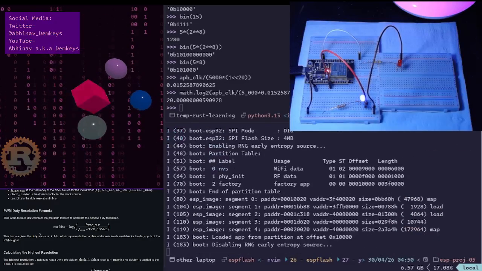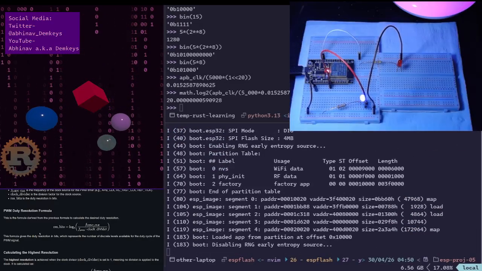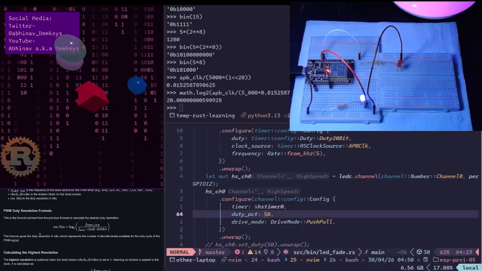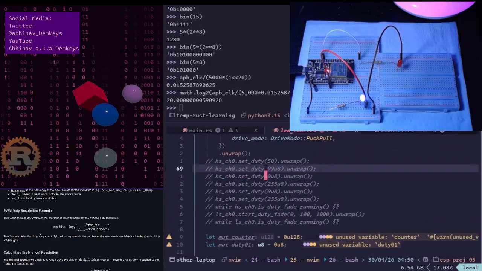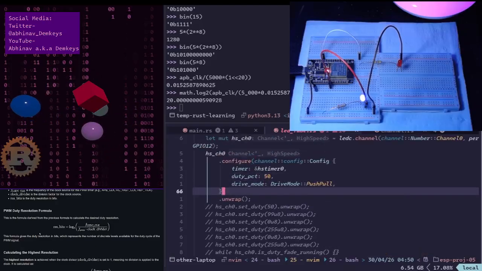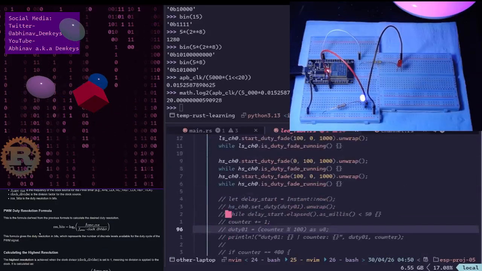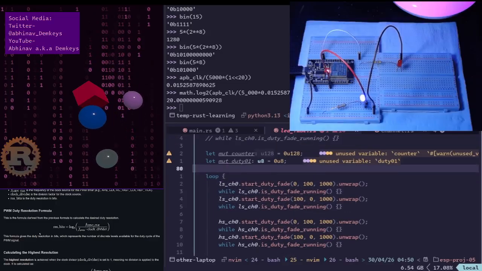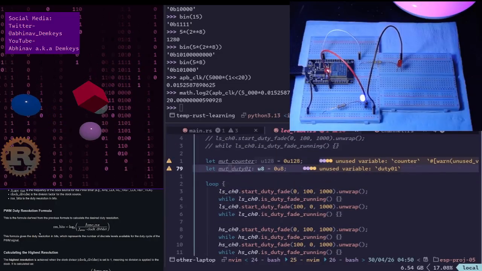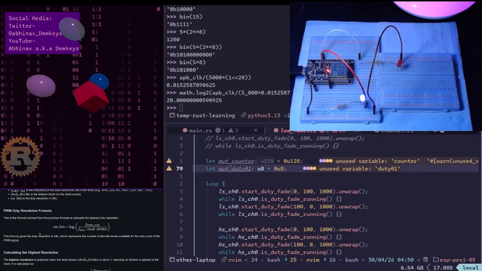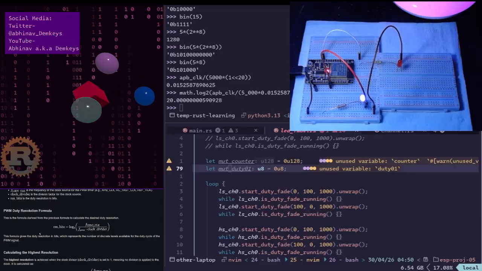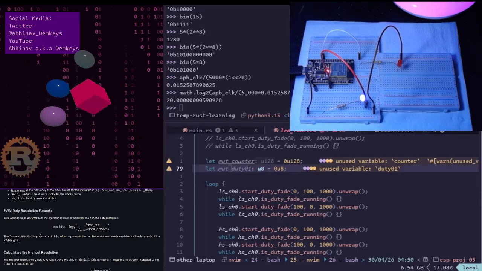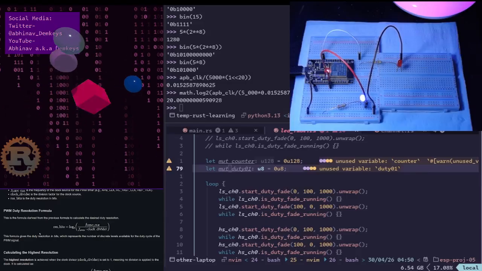Okay, it's not running. So what could be going on here? Because there does seem to be an issue here.